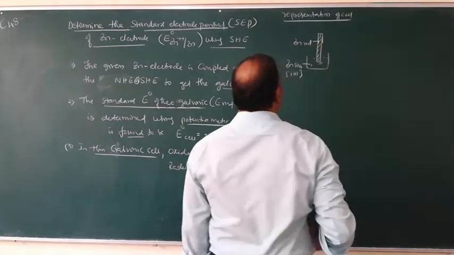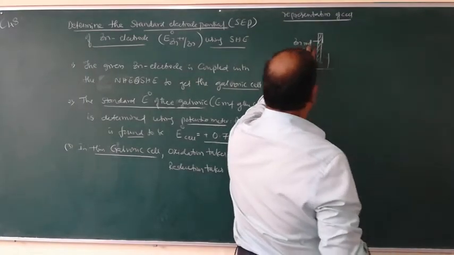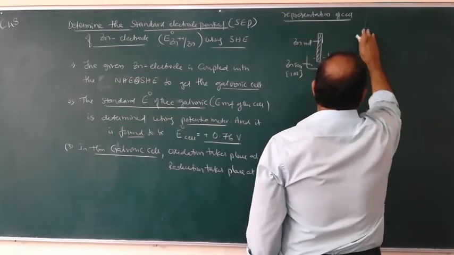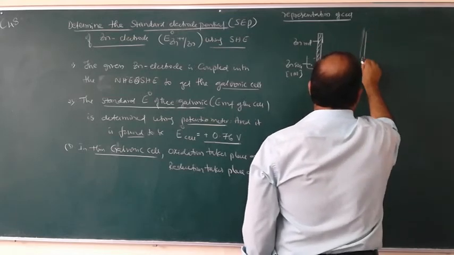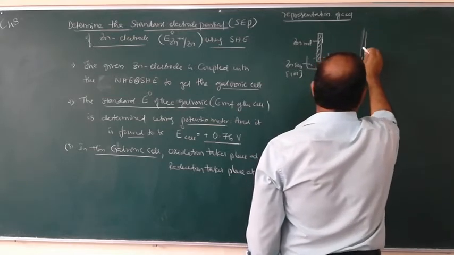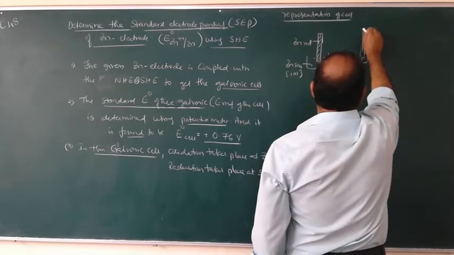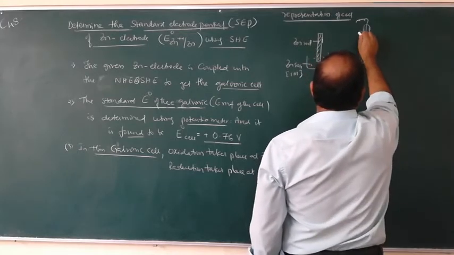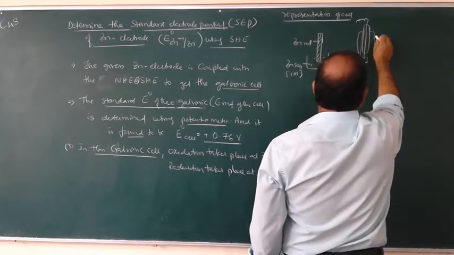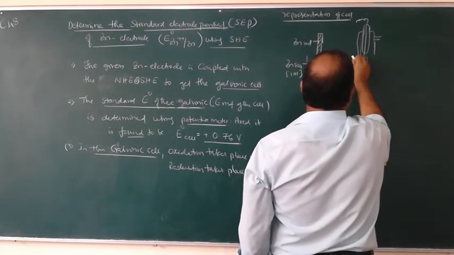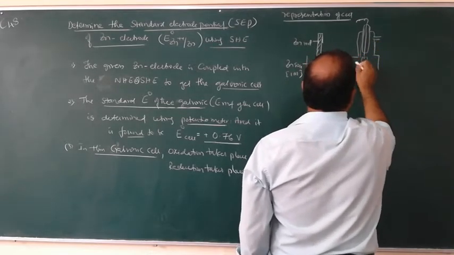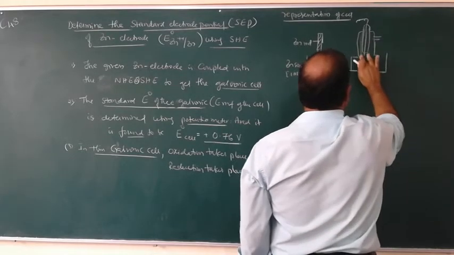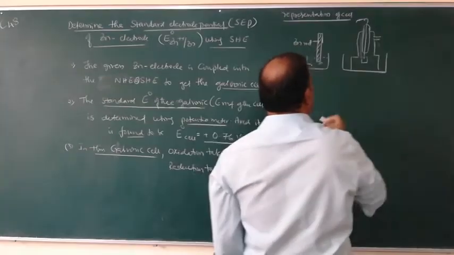We have to determine the electrode potential of this zinc electrode, so it should be coupled with SHE, standard hydrogen electrode. So this is the standard hydrogen electrode.